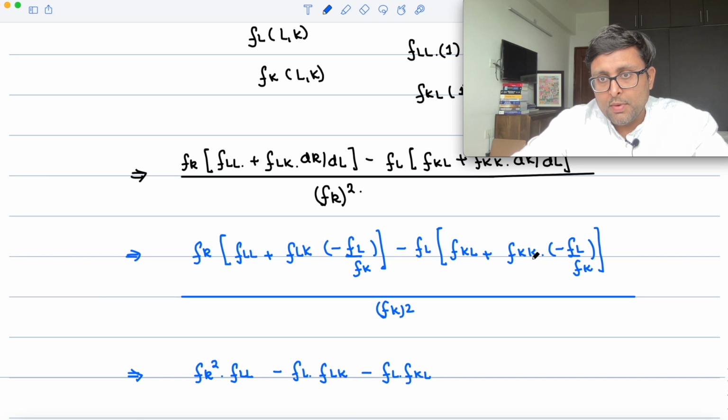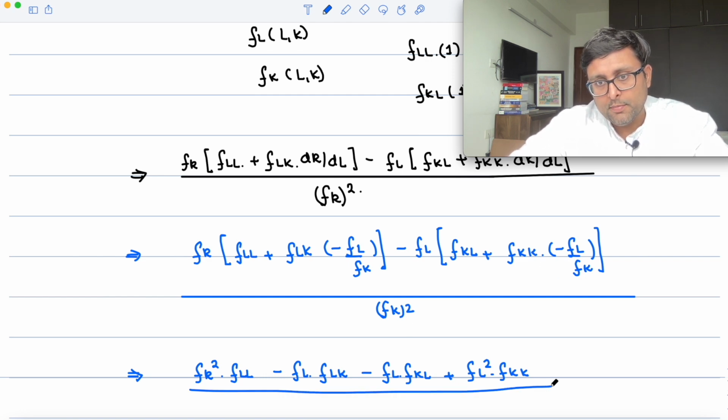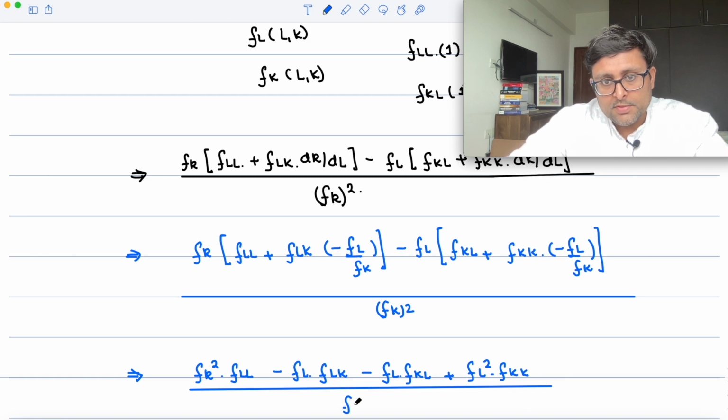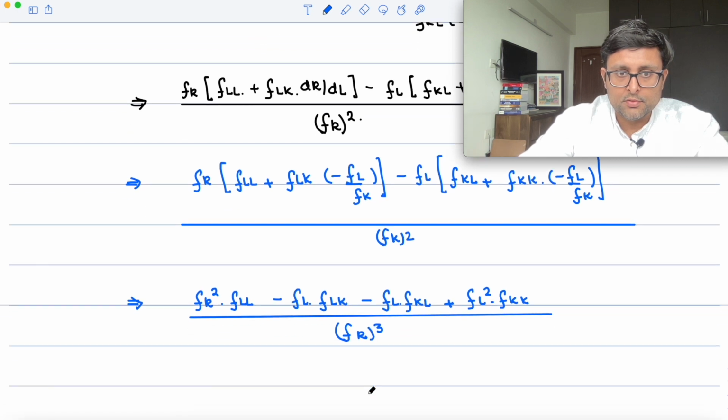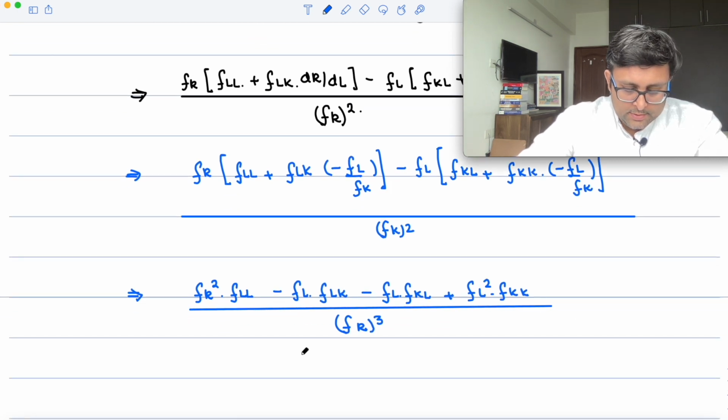This minus becomes plus FL square FKK. FK is beneath both of them, so it goes in the denominator and it becomes FK cube.